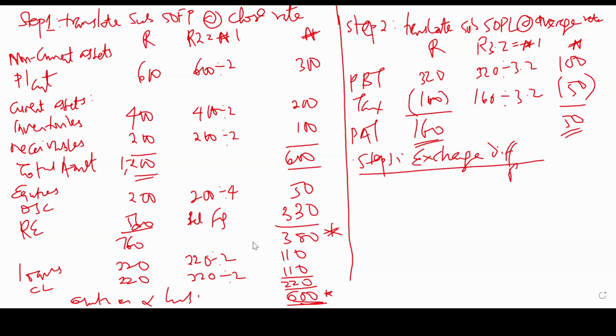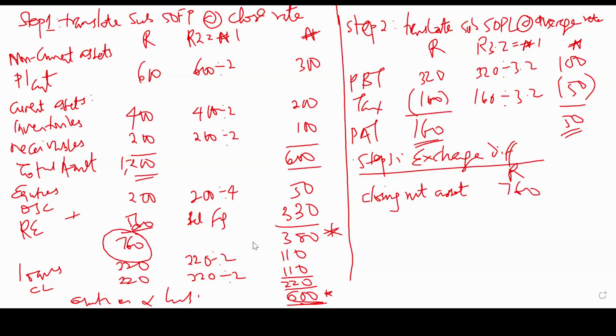Now start like this. In rand, the closing net assets of Monaco, you will agree with me, it is here, 760. When we added the ordinary share capital and the retained earnings of Monaco, we had 760.